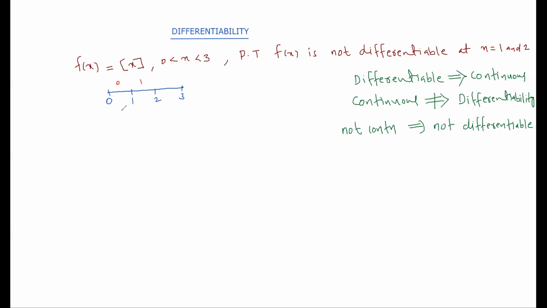And take any real number between 2 and 3, the greatest integer less than or equal to that number will be 2.